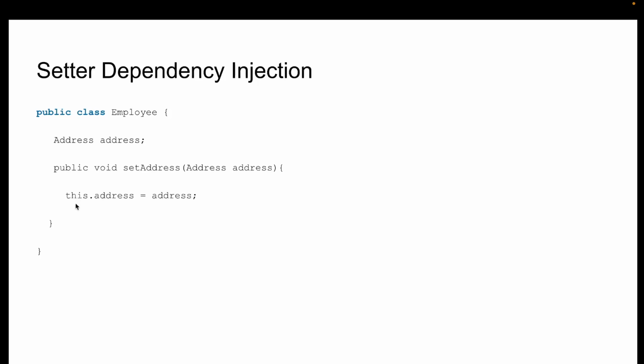This.address refers to the address declared at the top, that is your instance variable, and it is equal to the address on your right hand side, which is the address coming as a parameter in the method. In the set address method, we have an address parameter, right?